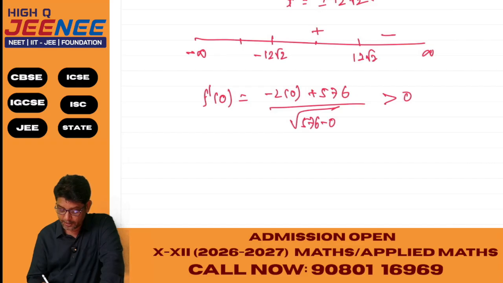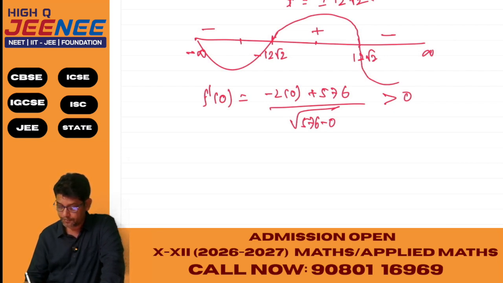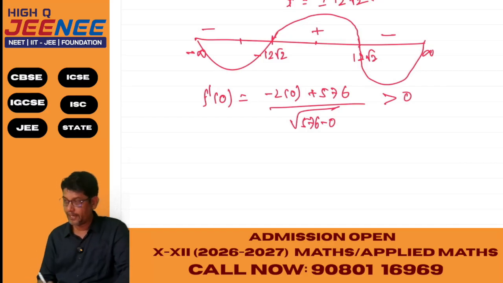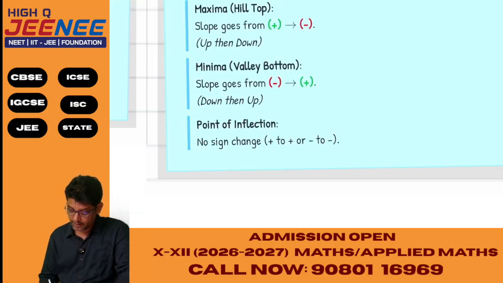So minus, then plus. Now as far as the curve is concerned, how is it happening? Sign changes from minus to plus at minus 12 root 2. Minus to plus means what? Forgot? Minus to plus means minima.